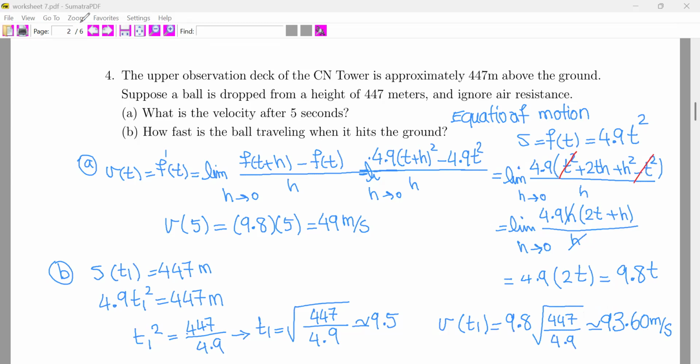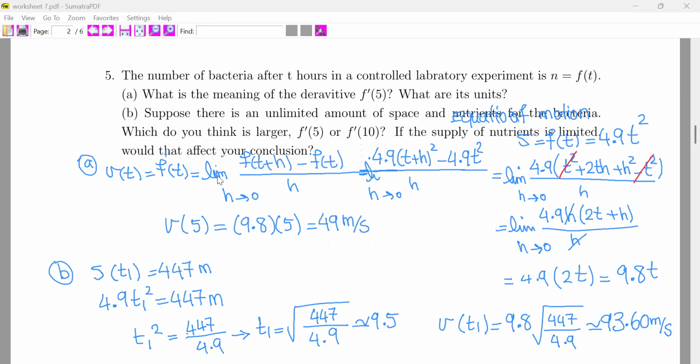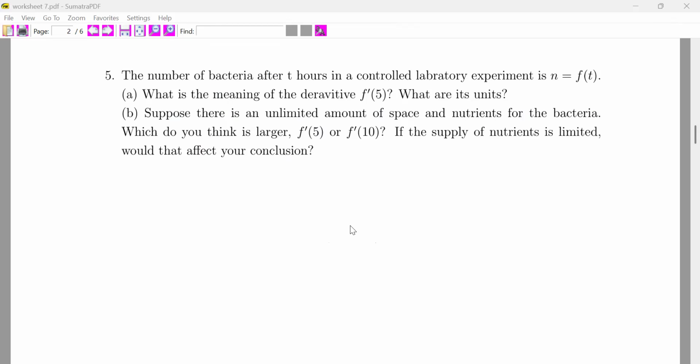Let's move on to the next question. It is question number 5. The number of bacteria after t hours in a controlled laboratory experiment is written as n equals f of t. For part A, it says, what is the meaning of the derivative f prime of 5? What are its units?